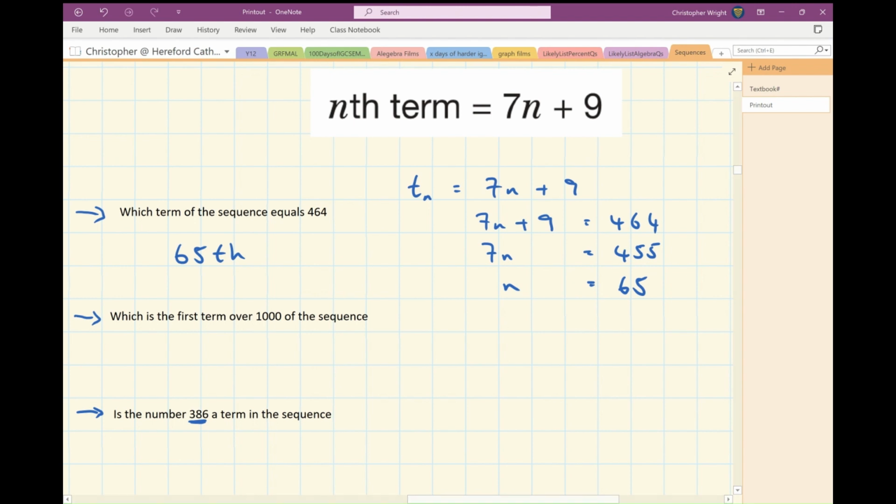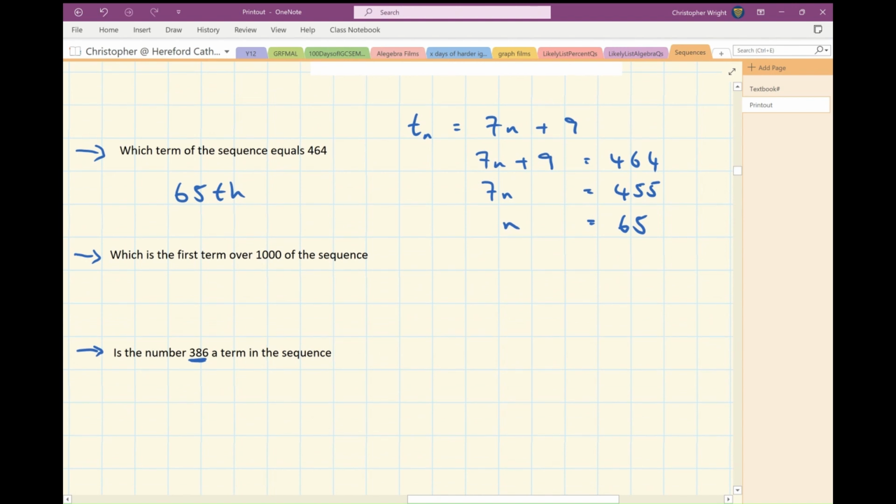What about the second one? Which is the first term over 1,000? Well, in this case, I'm going to want to solve this inequality. I want the value of my term to be over 1,000. Let's find out which value of n will satisfy that inequality. If I subtract 9 from both sides, I get 7n equals 991.